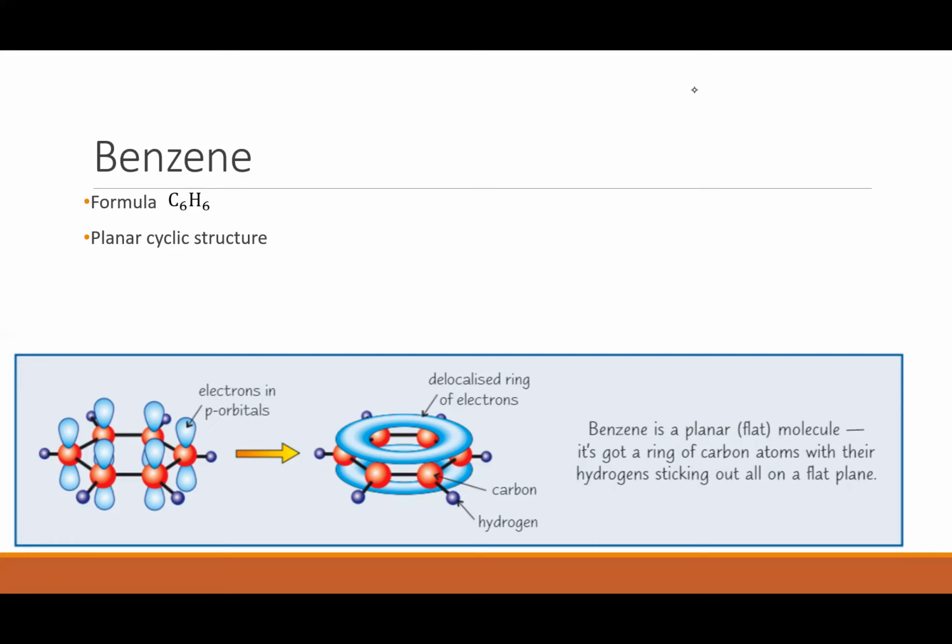And so what happens in benzene is each carbon atom forms a single covalent bond. So each carbon forms a single covalent bond to the carbons on either side and to one hydrogen atom. So what basically ends up looking like is you can see it here showing the orbitals.